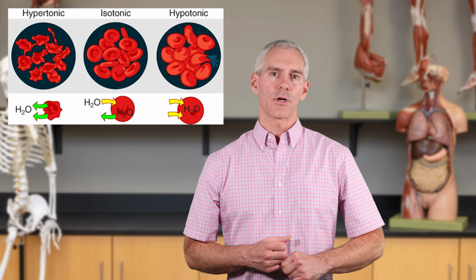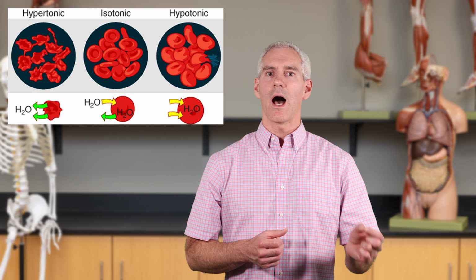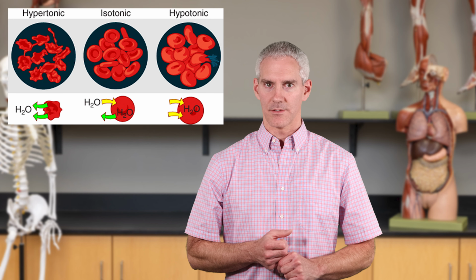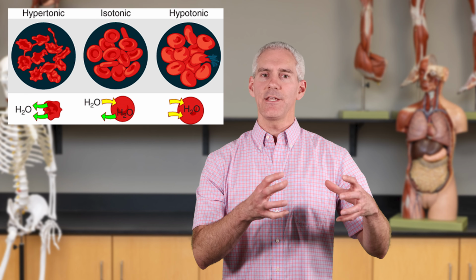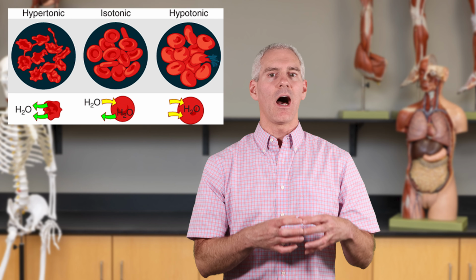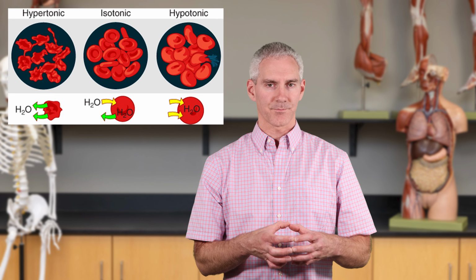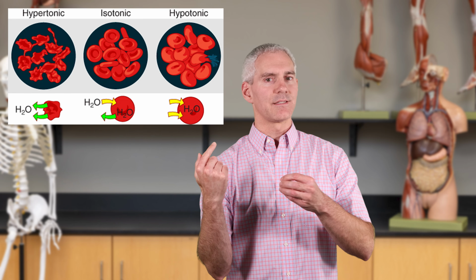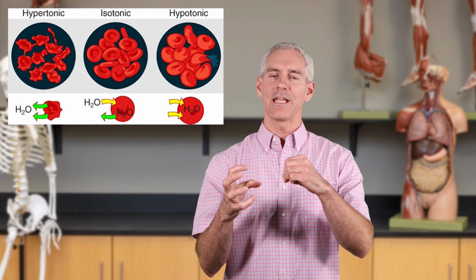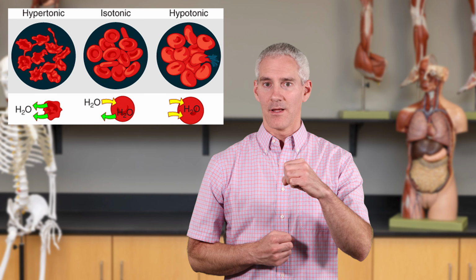Now hypertonic means you have a high amount of dissolved particles. If you take your blood and you have a blood cell in a hypertonic solution, that means the solute around this blood cell will have a higher solute concentration, more particles.